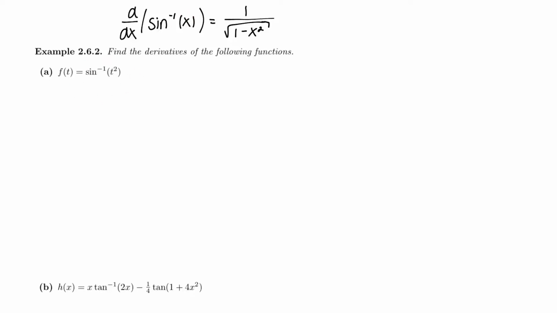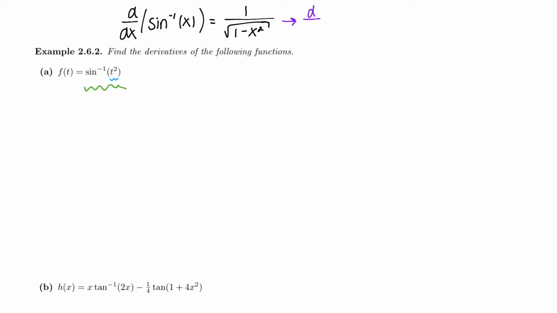Right here, we don't have an x on the inside, we have a t squared, so we are going to have to use chain rule. We have an outside function and an inside function.